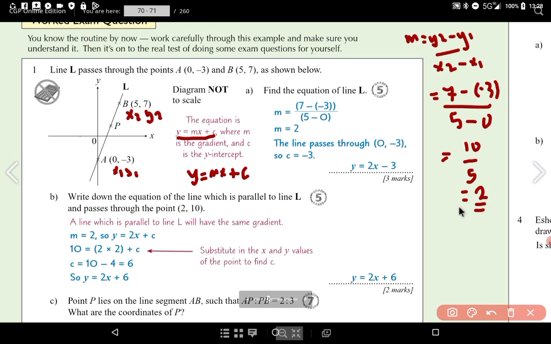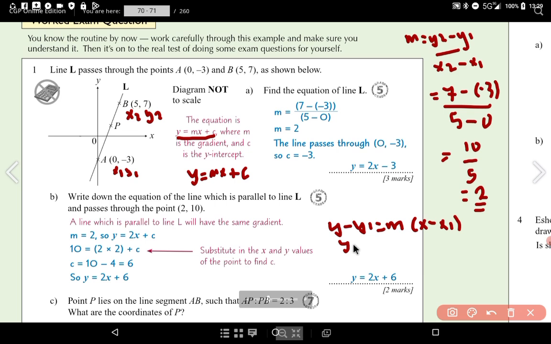Now that you have the gradient and you have these points, it's very easy to find the equation of the line. It is just as simple as that. We can either use this point or that point to find the equation of a line. So we're going to say y minus y1 is equal to m times x minus x1.